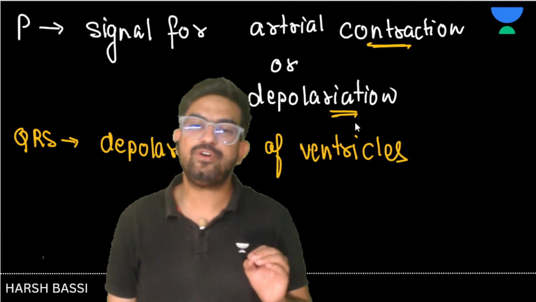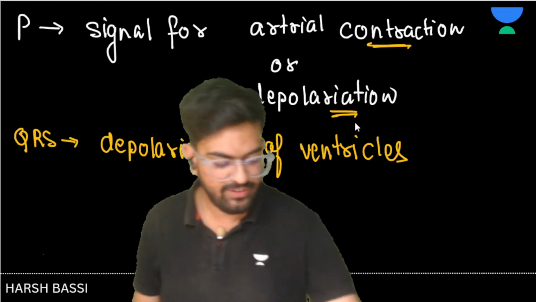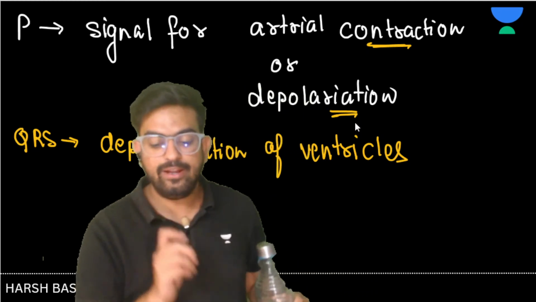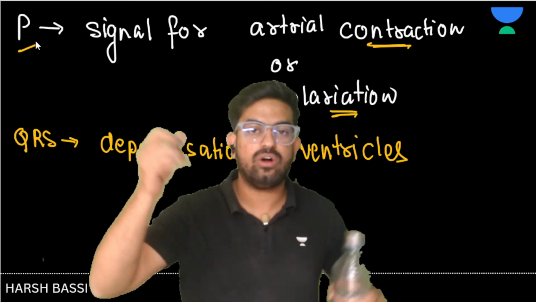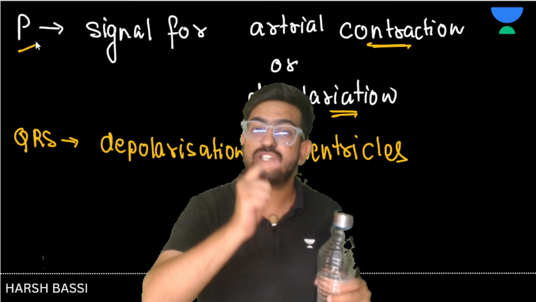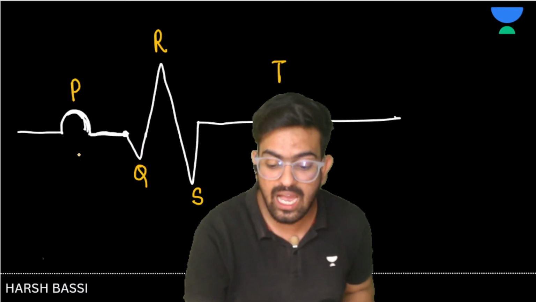Okay everyone. So see, here also, P wave, signal for atrial contraction के लिए सिग्नल गया, कॉन्ट्रैक्ट नहीं हुआ है, कॉन्ट्रैक्ट तो ये यहां पे हो रहा.